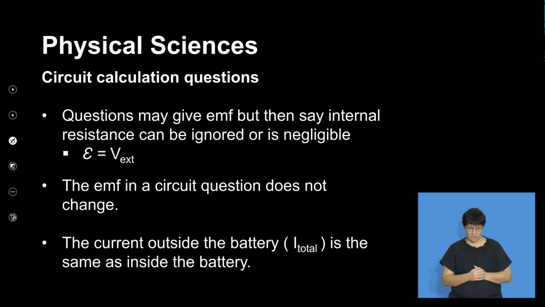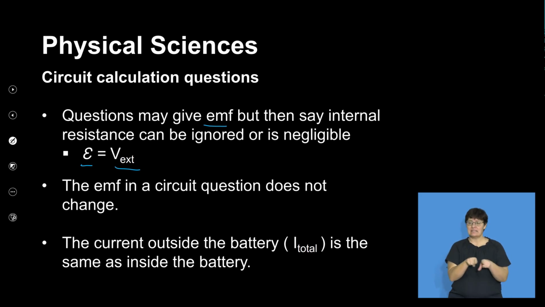Questions may give EMF, but then say internal resistance can be ignored or is negligible. In some cases, if we ignore internal resistance, we'll know that the EMF equals the external voltage.